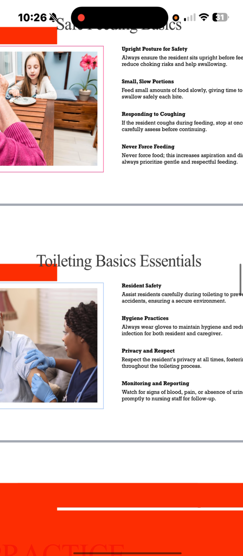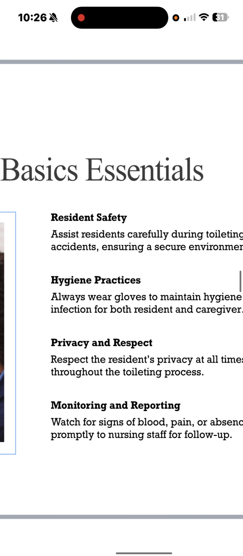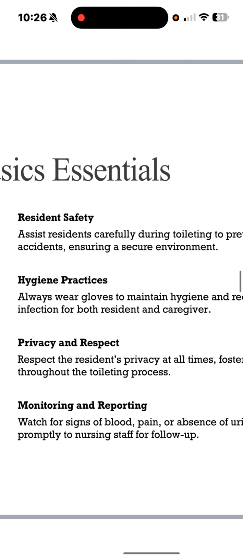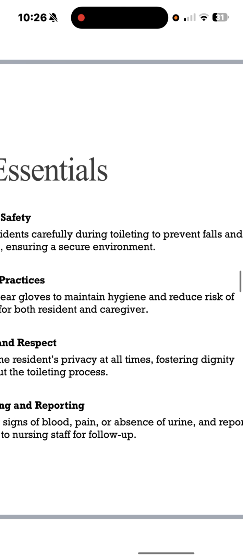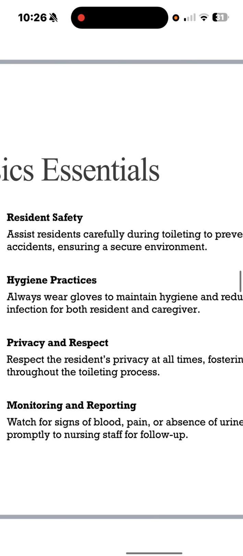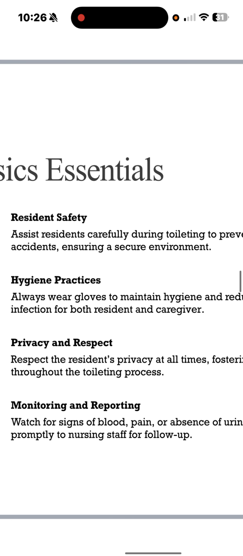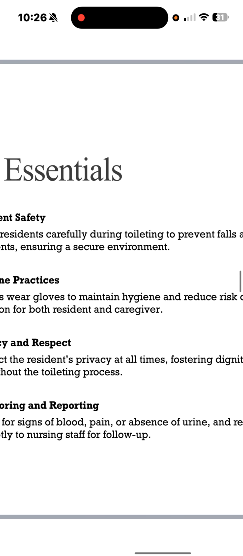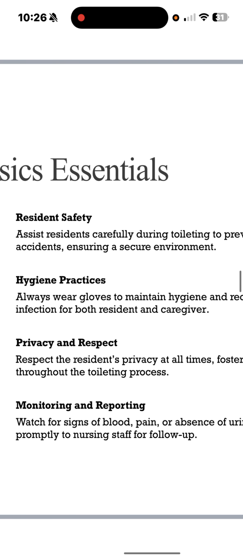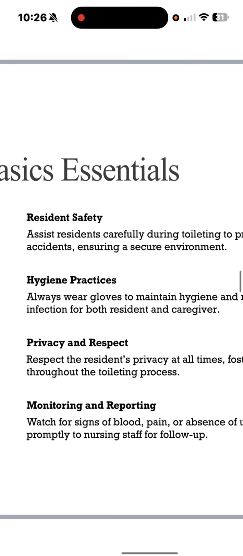Toileting basic essentials. So let's look at resident safety. Assess the resident carefully during toileting to prevent falls and accidents, ensuring a secure environment. Hygiene practices. Always wear gloves to maintain hygiene and reduce the risk of infection for both resident and caregiver. Privacy and respect.